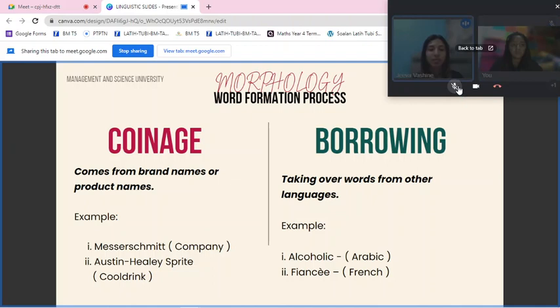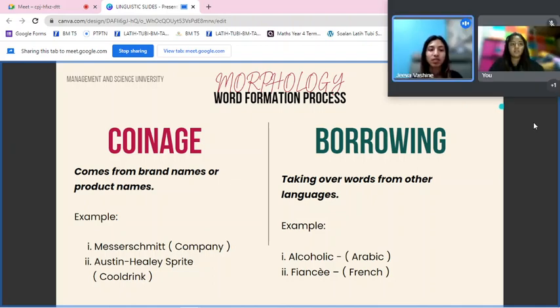Hi, Miss. So I'm going to continue with coinage. Coinage is the invention of totally new terms. The most typical source is brand names and product names. From the article we took some examples of coinage.